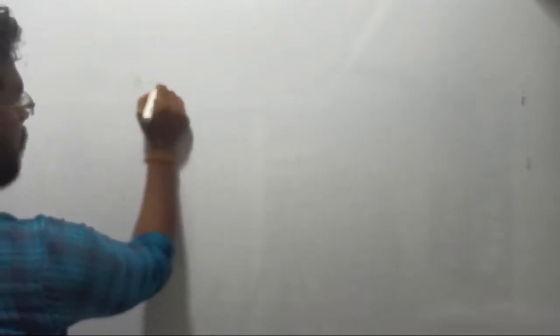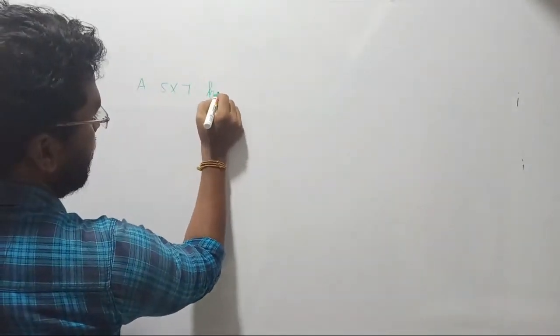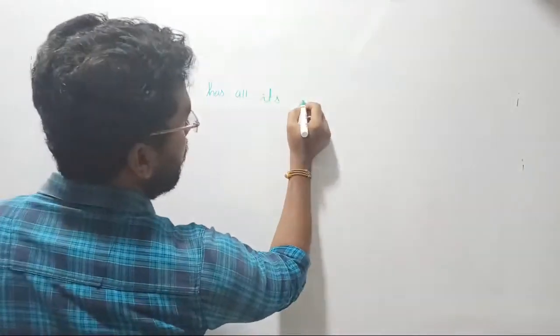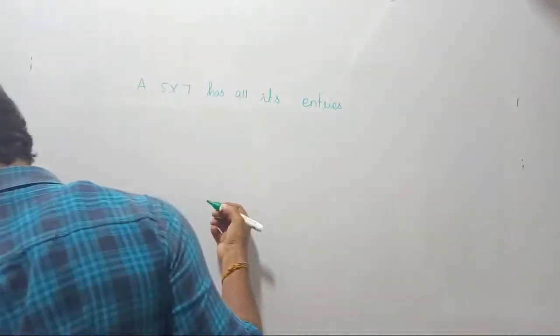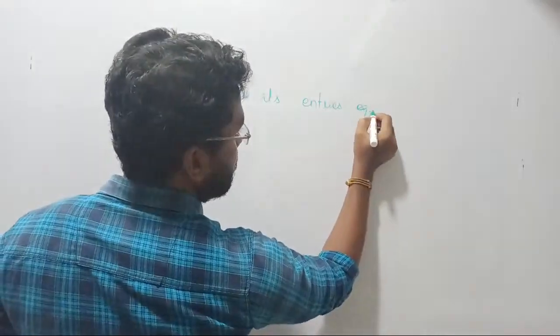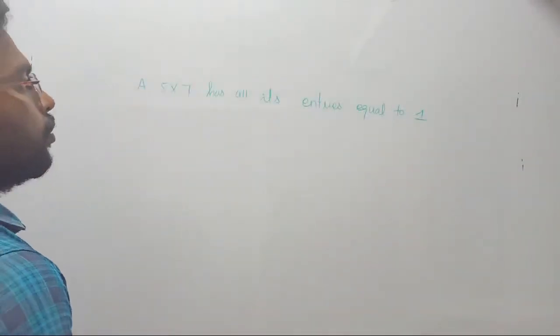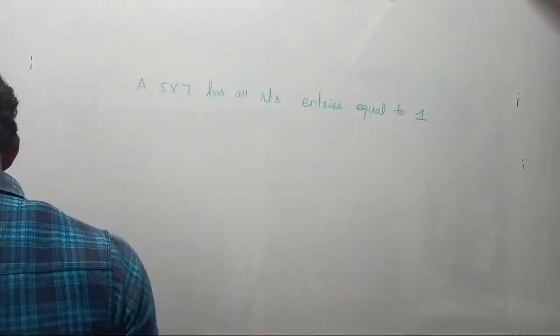Fine. They have given one more matrix. Let's see the second one. Given a 5 cross 7 matrix has all its entries equal to 1, right? Now the second thing is, is it visible to you all?